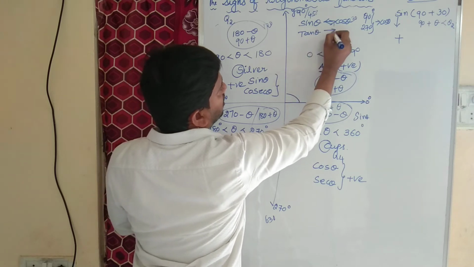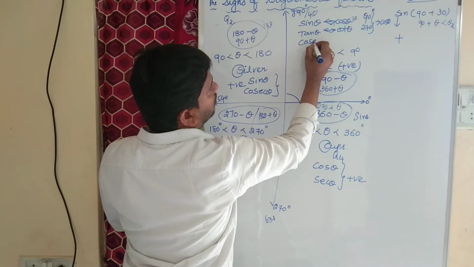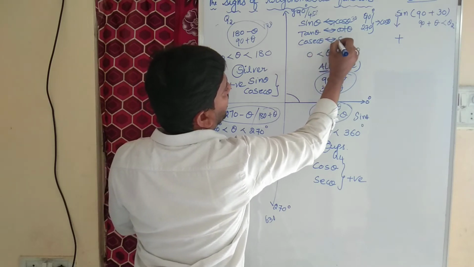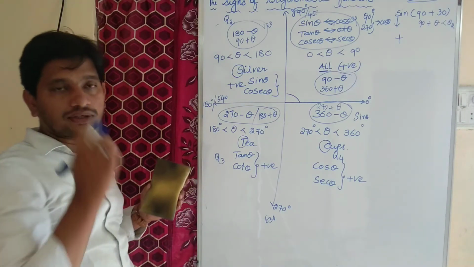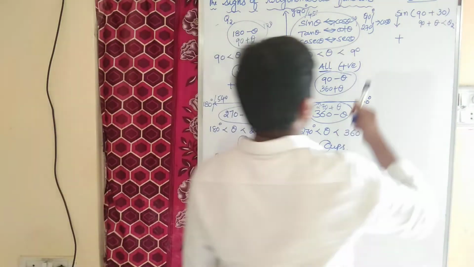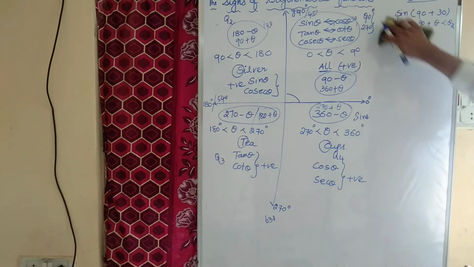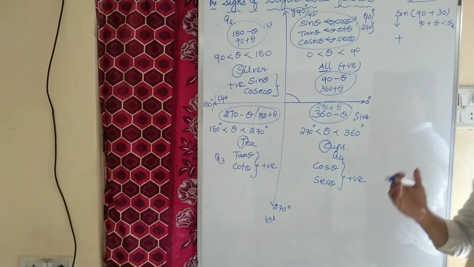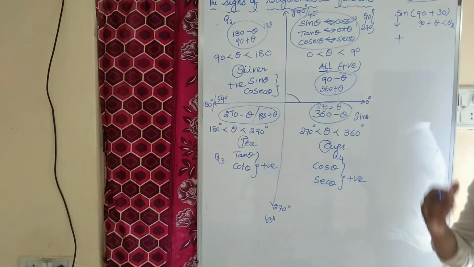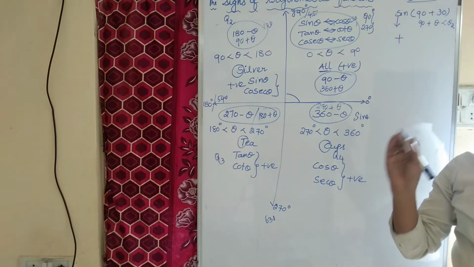Tan theta is going to change as cot theta. Cosec theta is going to change as sec theta. This is our convention. If it is 90 degrees and 270 degrees, there is a change in the trigonometric ratios. Sine will go into cos, cos will change as sine, tan as cot, cot as tan, cosec as sec, and sec as cosec.